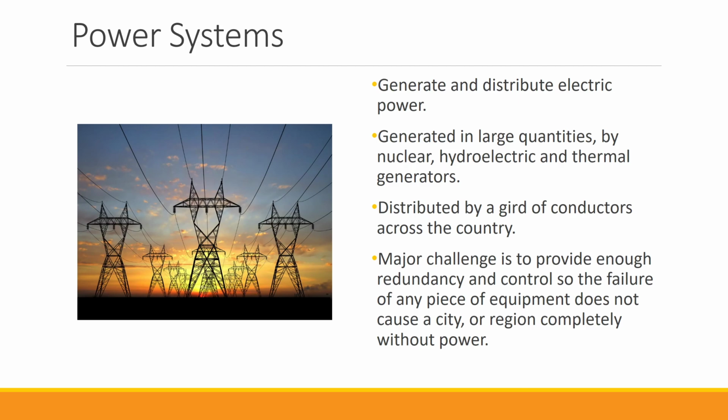And they are distributed by a grid of conductors across countries or continents. Because of that, the major challenge for this type of system is to provide enough redundancy and control. So if we have a failure in any piece of equipment, we don't cause a city or a region to be out of power completely.